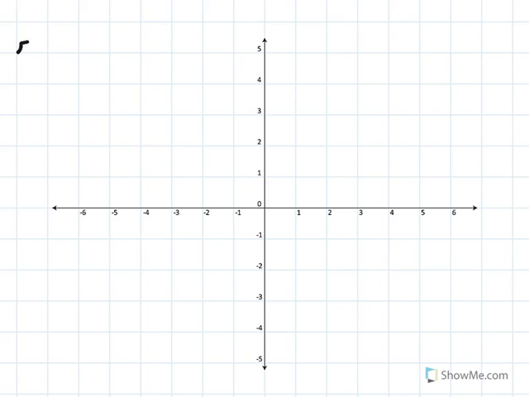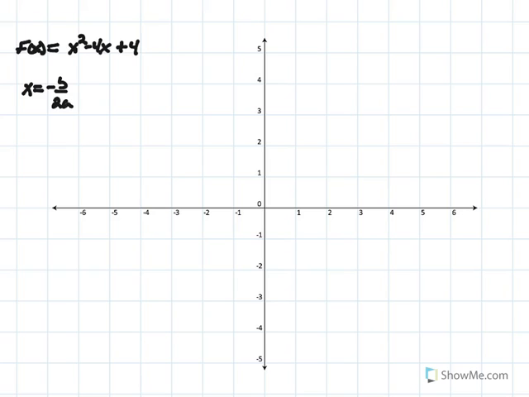So we have f of x equals x squared minus 4x plus 4. And let's graph that. It's important to use the formula that's given. So we want to find x equals minus b over 2a.